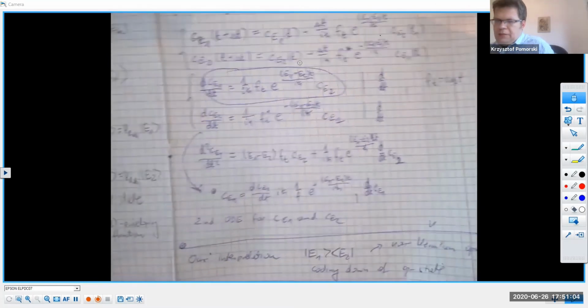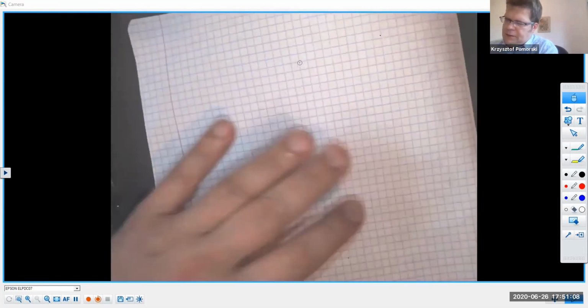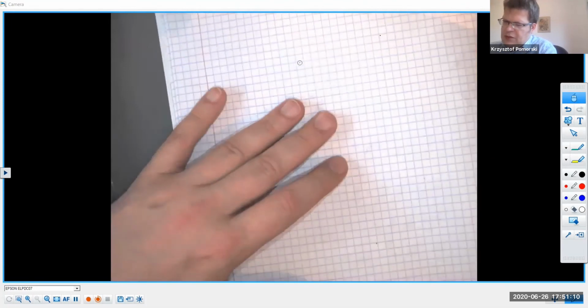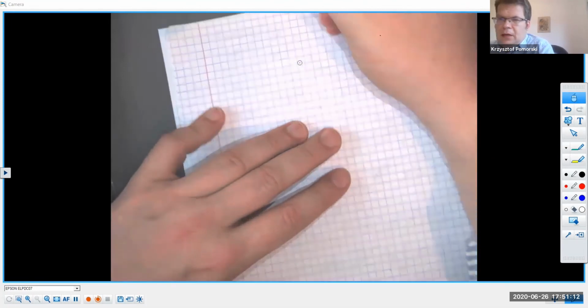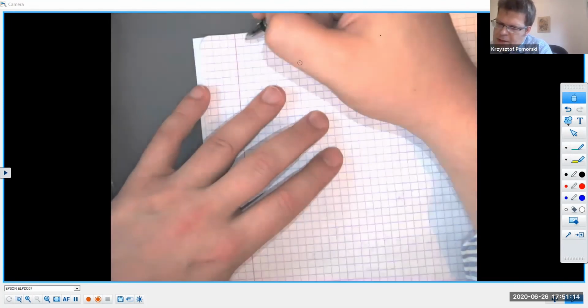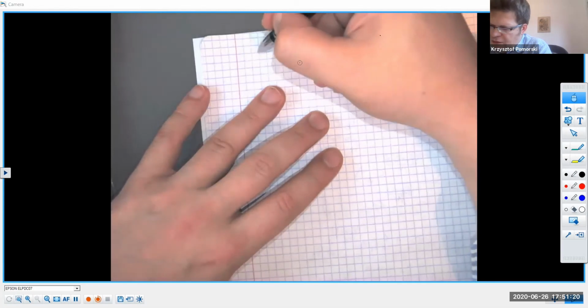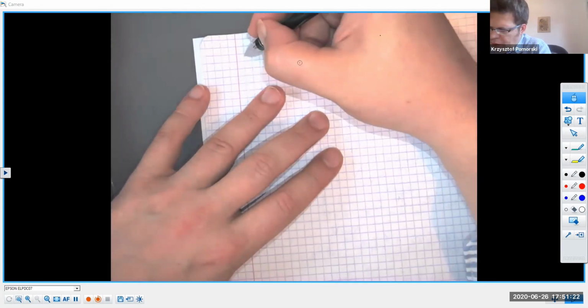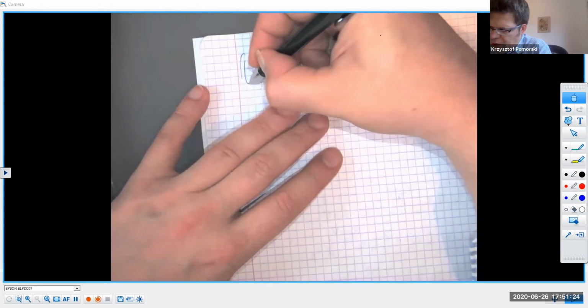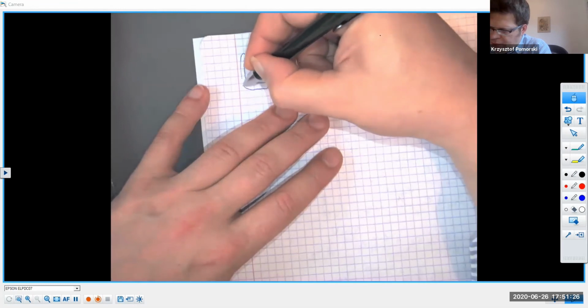Okay, so let me move to this problem of Rabi oscillations and radiation. So the idea is the following, that we have resonant cavity.